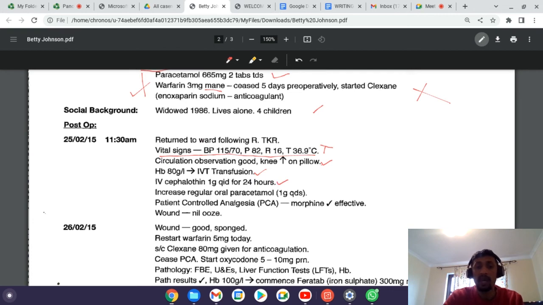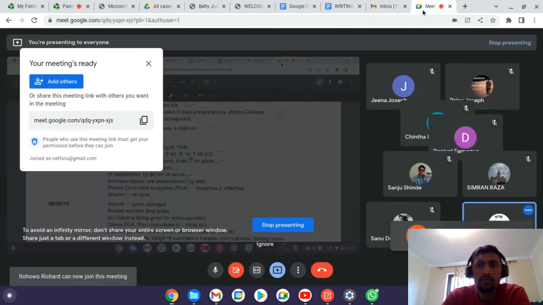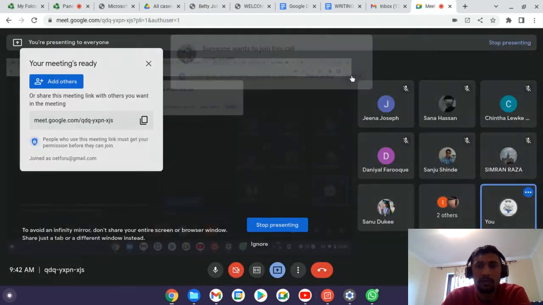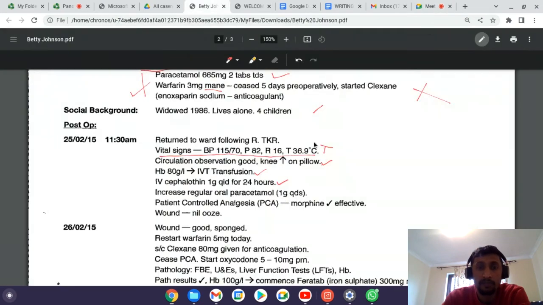Is anybody else able to tell me whether increased regular oral paracetamol 1 gram is important or not? Okay, so that means it's also important.